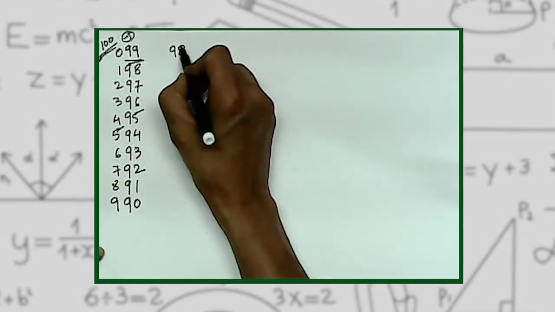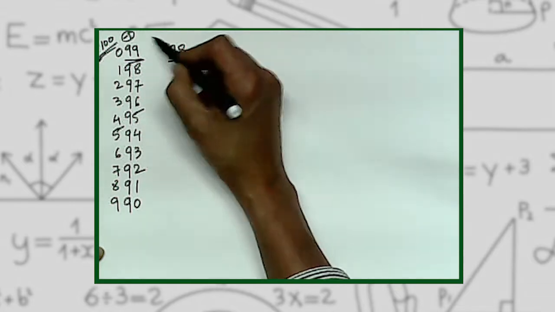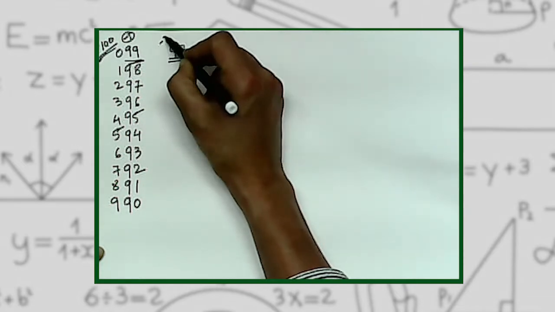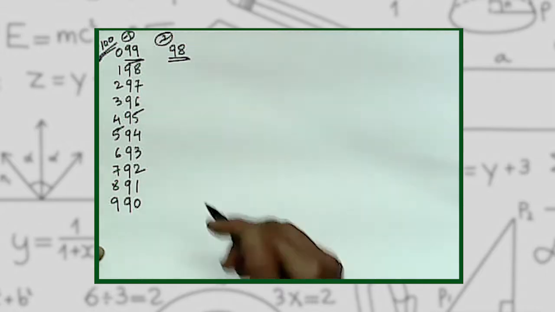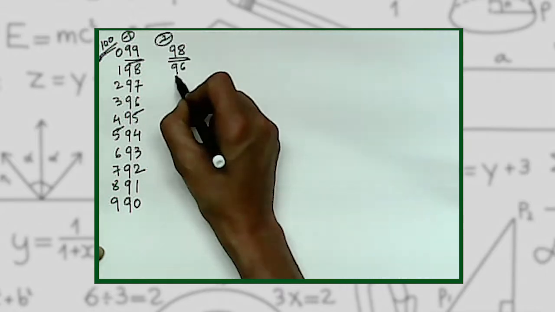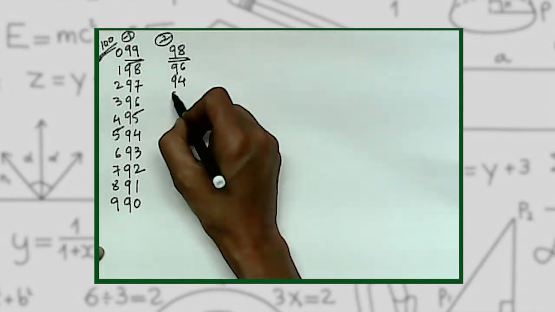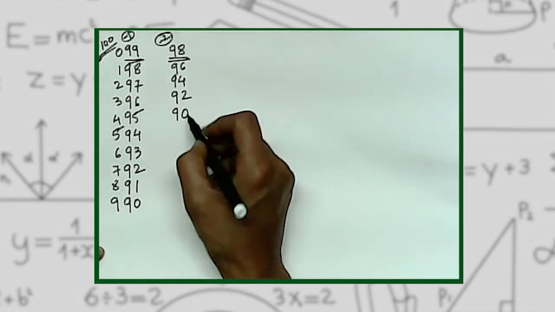Now table of 98. What is the difference between 100 and 98? It is minus 2. Go on subtracting 2 from 98. 98 minus 2, 96. Minus 2, 94. Minus 2, 92. Minus 2, 90.